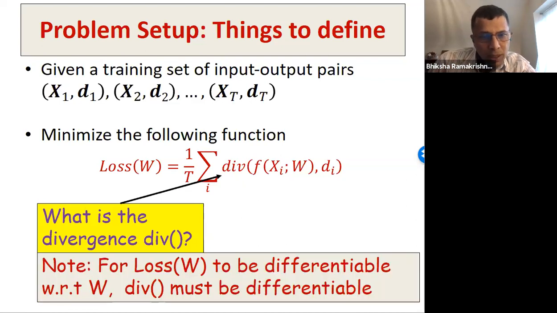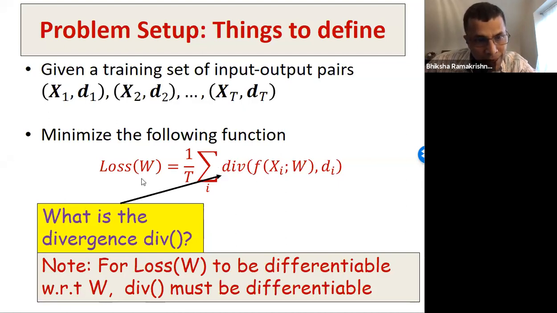First thing, the last component that we have to define is the divergence, and for the loss to be differentiable with respect to W, the divergence must be differentiable. We saw that if the activations are differentiable, then we will know how changing any component of W by a small value changes F. But then you also want to be able to compute how changing F by a small amount changes the divergence.